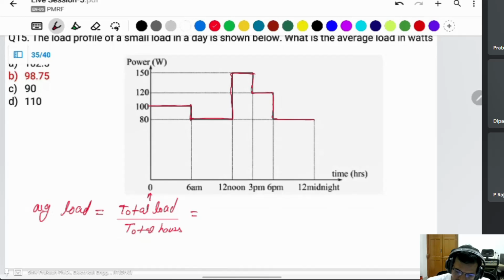Calculate according to this: 100 watts for 6 hours, 0 to 6, plus 80 watts for 6 to 12, it means 6 hours, plus 150 watts for 3 hours, then for 3 hours it will be 120 watts.